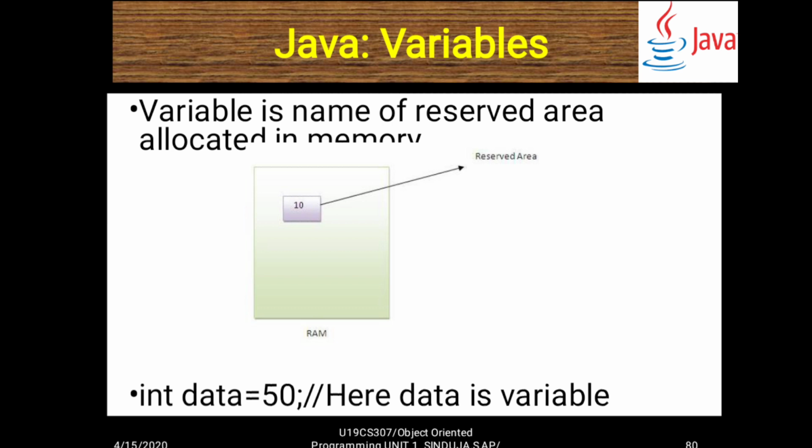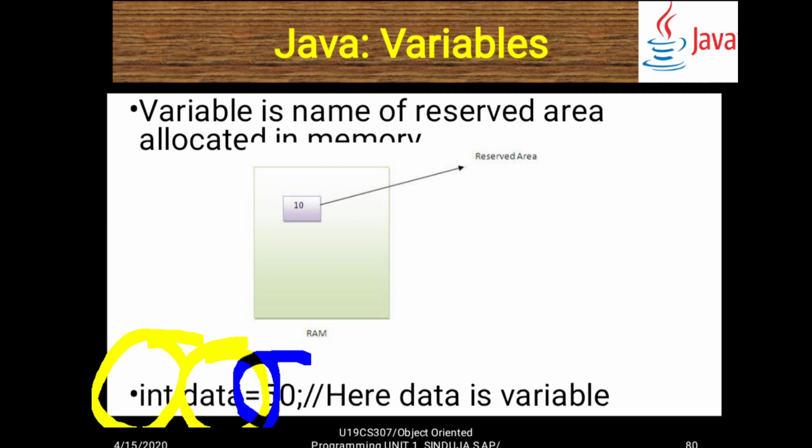So first you have to tell the compiler the data type and the name of the variable, and the value will be initialized through an operator, the equal to operator. It tells you are going to assign something.